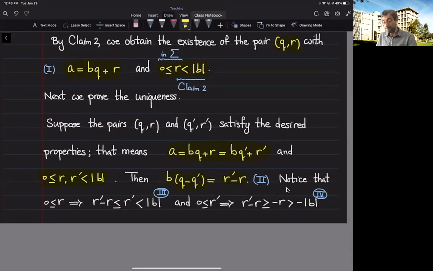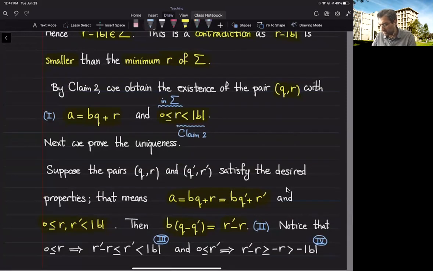Okay. Now I want to involve these inequalities, which means I have to pay attention to the absolute value of these guys and see how large they can be and compare it with the other side. Let's first focus on this side. R and R prime are two integers. Both of them are in this interval from 0 to, in fact, absolute value of B minus 1.